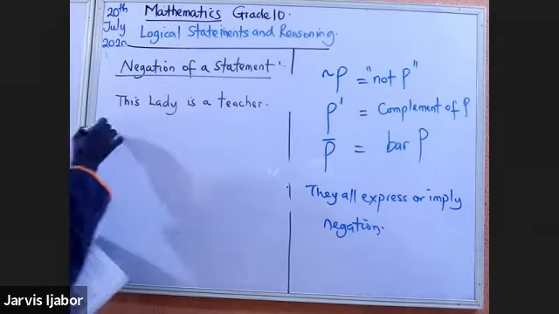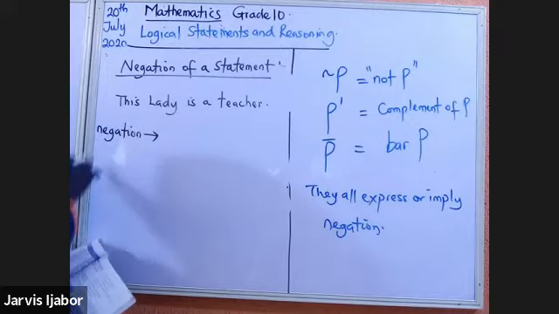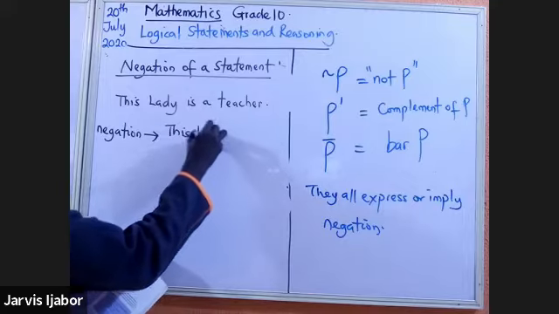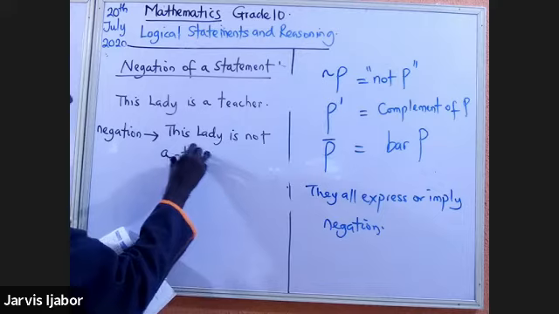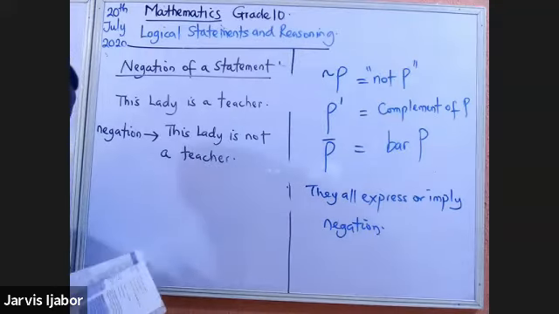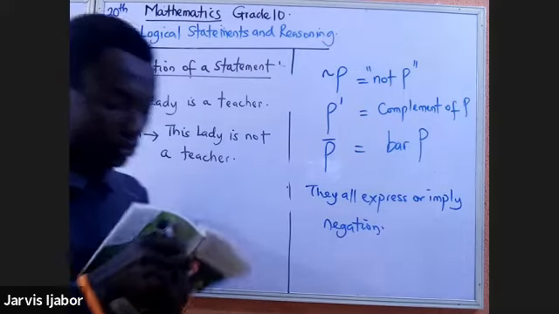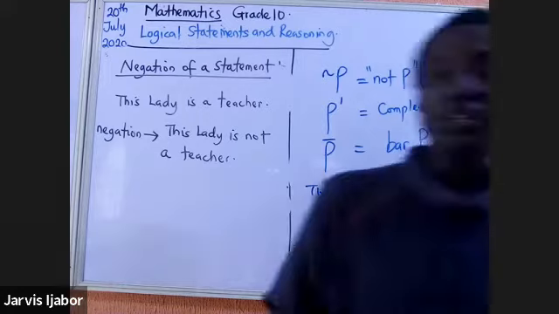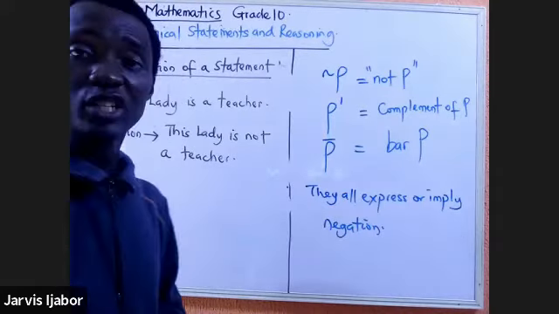The negation will be: this lady is not a teacher. So that's an example. Exercise 9B, 1 to 15. Let's do that now. Write all of them in negation.